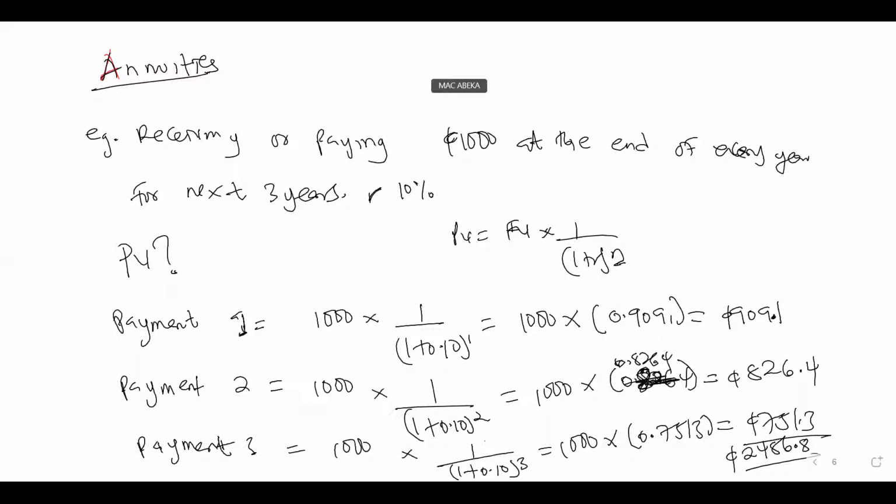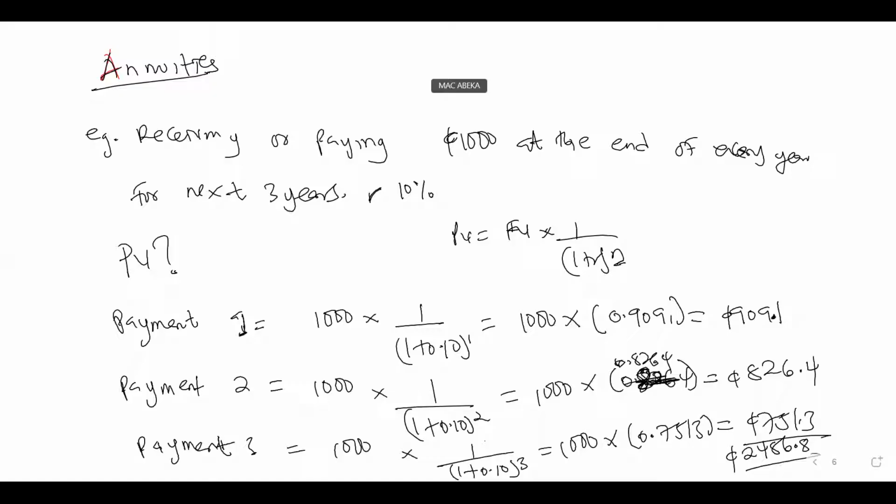Now the question we must ask ourselves is, what if the payment is for 30 years? Will we be discounting them one by one, like you discount year 1, year 2, year 3, year 4, year 5, up to year 30? No. Because the payment is regular, for every year for the next 30 years, you can't be doing that.